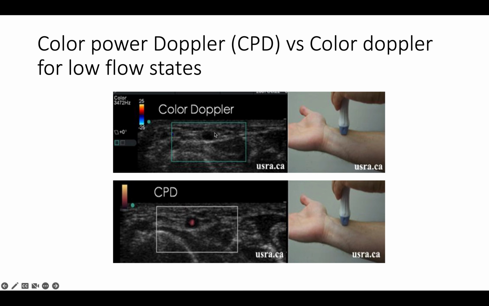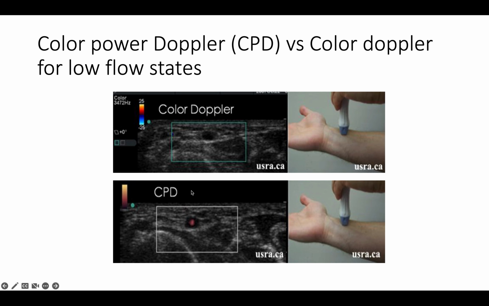But it's actually a false negative, because it's a low velocity and also a very unfavorable angle of incidence. Here the incidence is close to 90 degrees, and we mentioned that for Doppler, the ultrasound beam should be aligned with the flow in the blood.